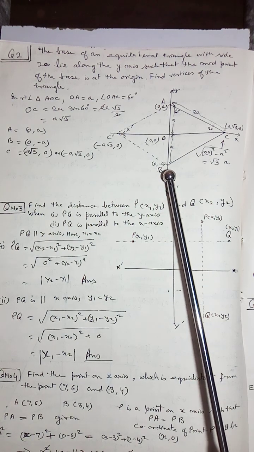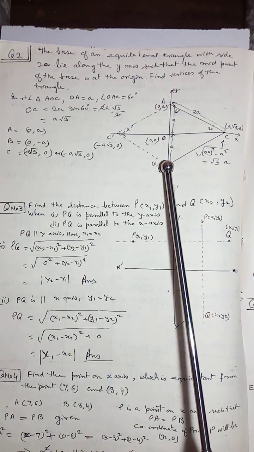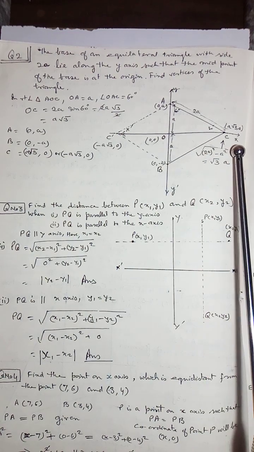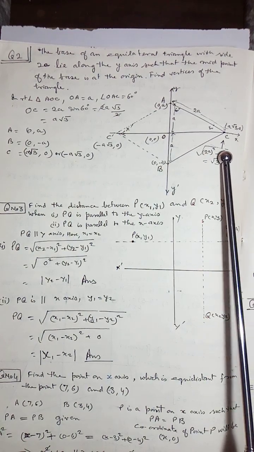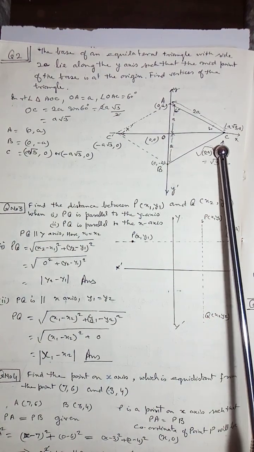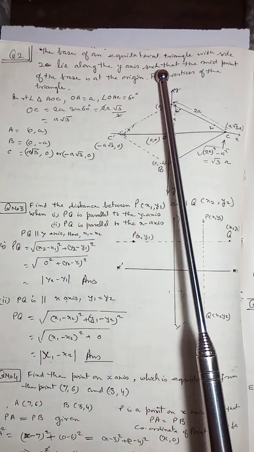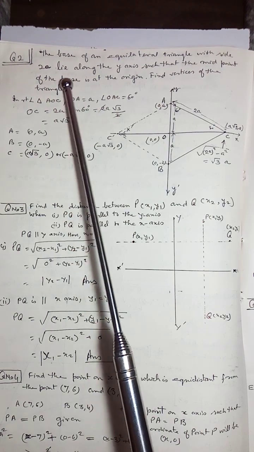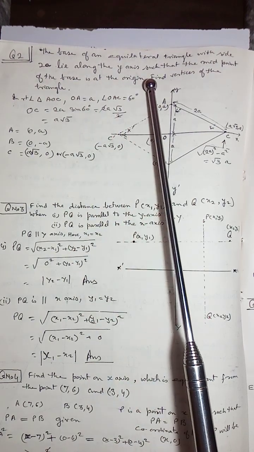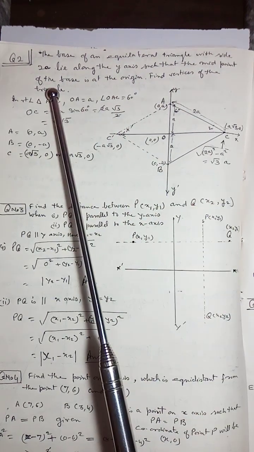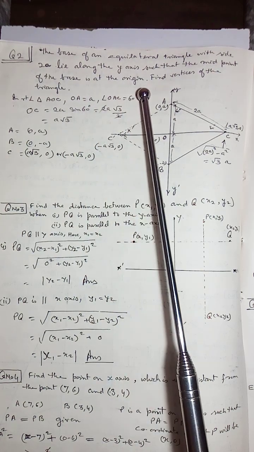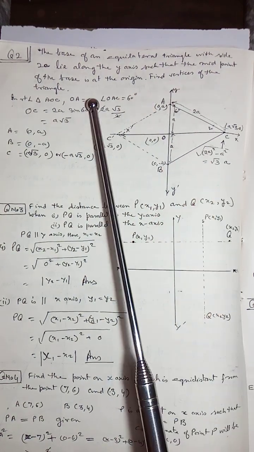Now we have to find the point C so that ABC should be an equilateral triangle, because the base of the equilateral triangle with side 2a lies along the y-axis such that the midpoint of the base is at the origin. Find the vertices of the triangle.